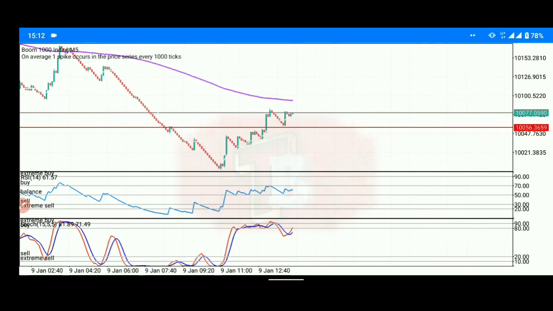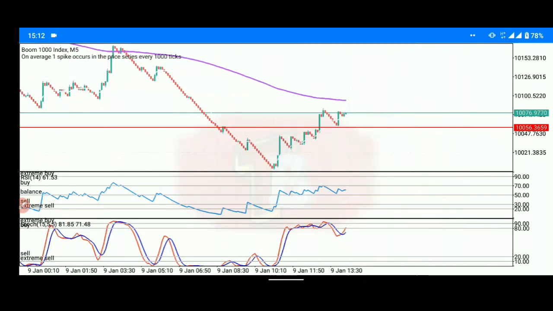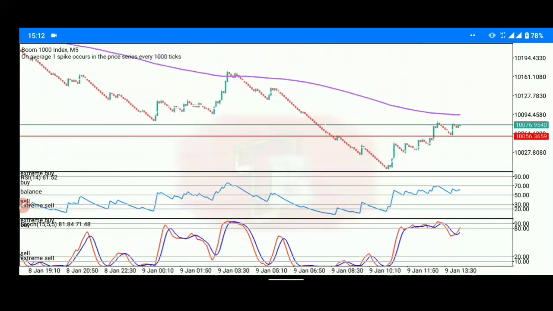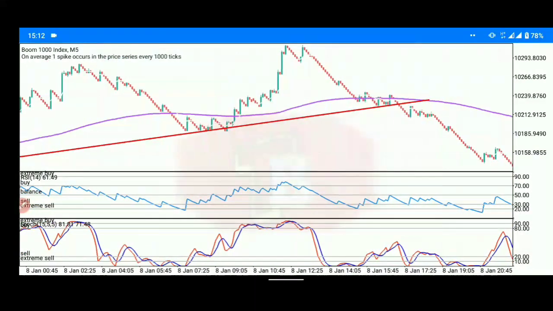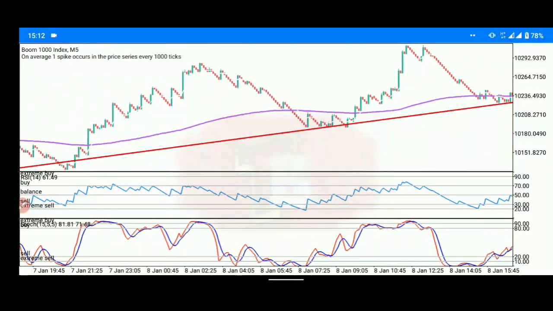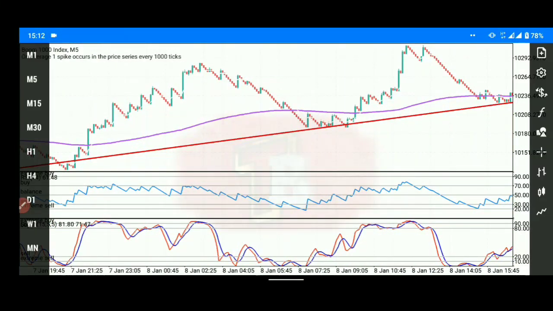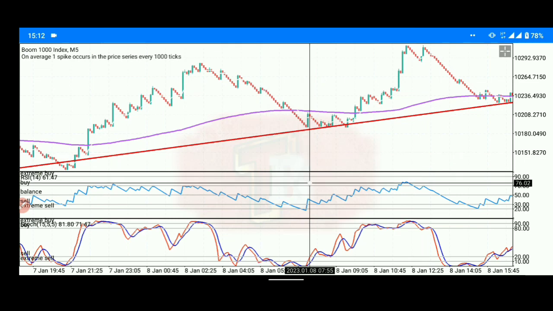Okay, so now let's try to harmonize it and try to milk the market. Once you get a signal that the market is an uptrend market, right here you can see there is a signal that this market is an uptrend market.